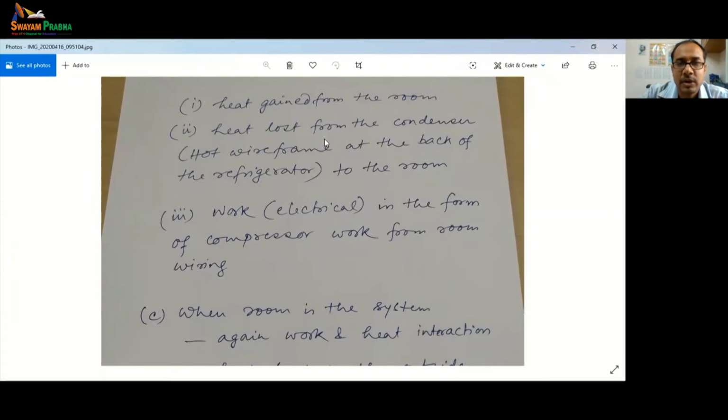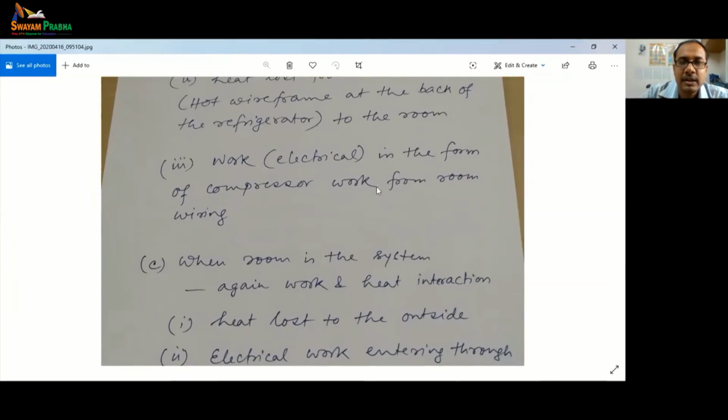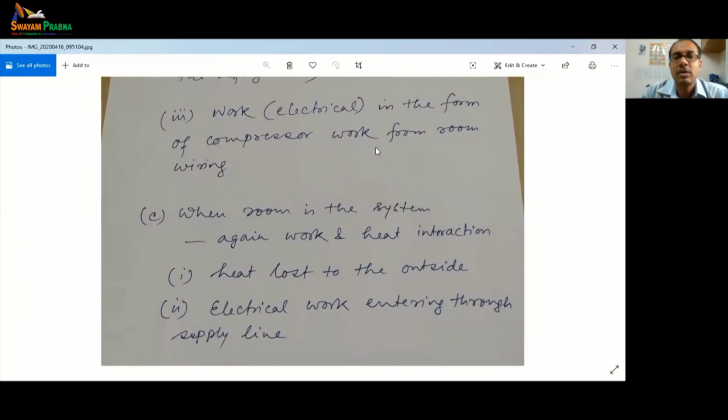So that is why heat is lost from the condenser. So these are two heat interactions it has, and the extra thing that is not directly interacting with the content is the work. Work, that means the electrical work in the form of compressor work. And that is what is interacting with the refrigerator.